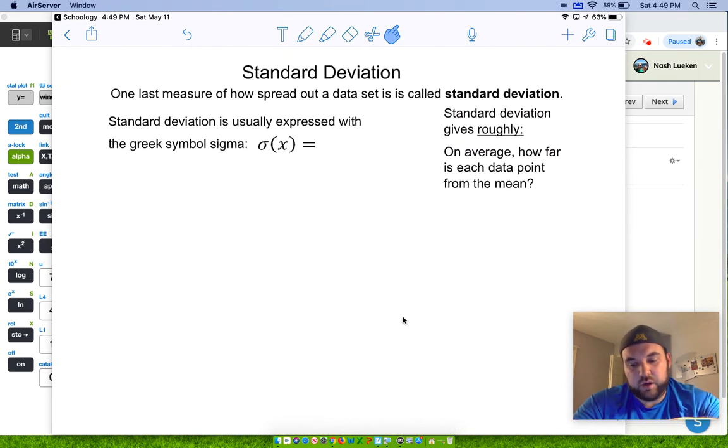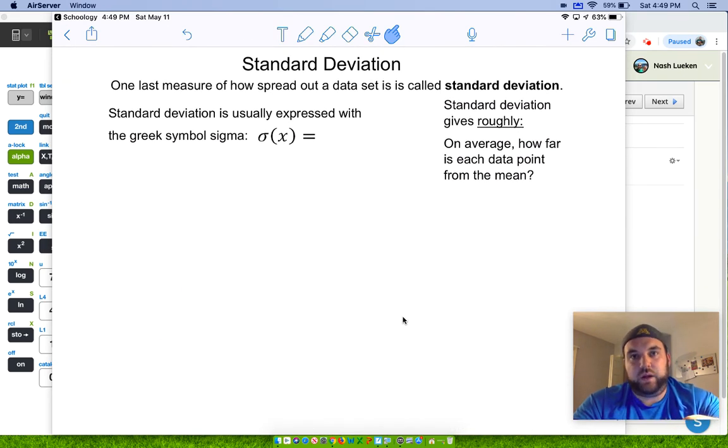Last thing we have to talk about is something that we're not going to really dive deep into, but maybe one of the most used statistical pieces of information besides mean, median, and mode, and that's the standard deviation. Okay, the standard deviation is given to describe roughly how spread out a data set is.